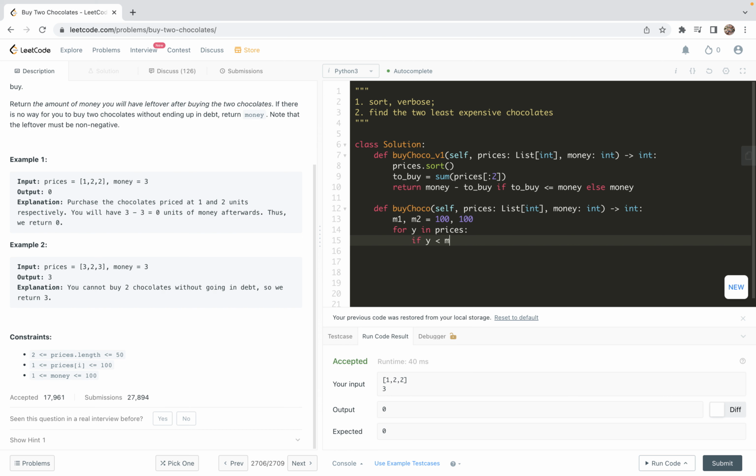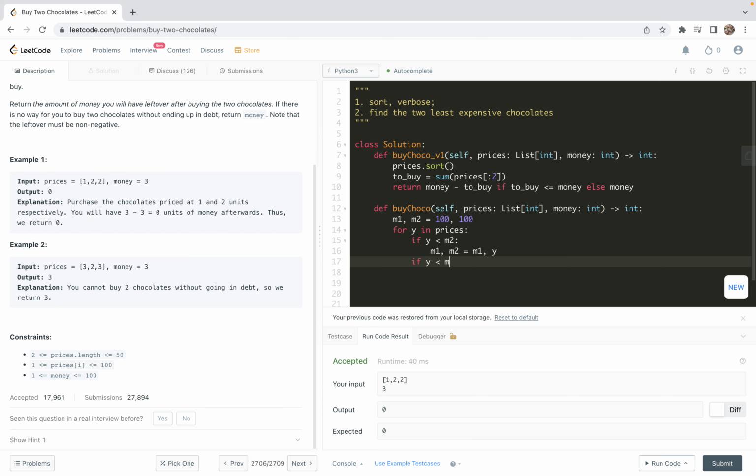If y is less than m2, we found a smaller one, then we're going to reset m1, m2 to be m1, y. Here I didn't change y, but I write this format just for explanation purposes. Actually, we can just set m2 equals y. Otherwise, we do another check.